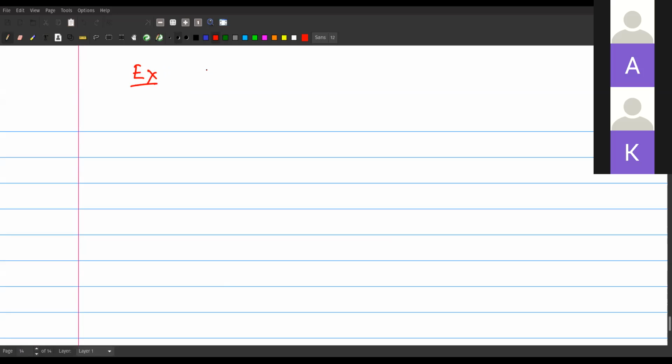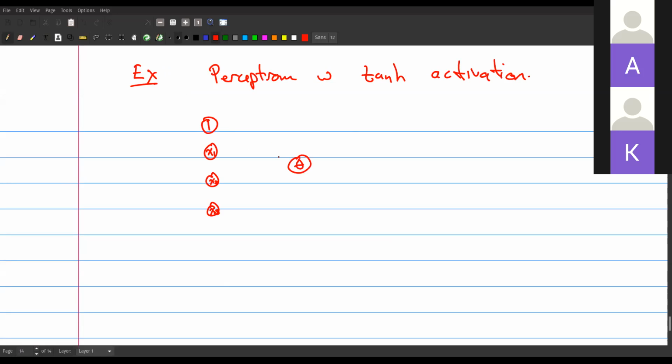Suppose that we just have a simple perceptron with hyperbolic tangent as the activation function. We don't really have a name for this, but you might call it a soft perceptron. So you have the bias input x1, x2, x3, and these are all going into the activation function, which is hyperbolic tangent.